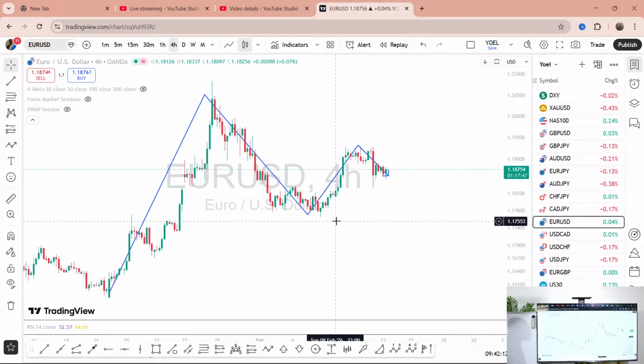Going for a downtrend. How is it going for a downtrend? Come and explain. Is it bullish or bearish or ranging?